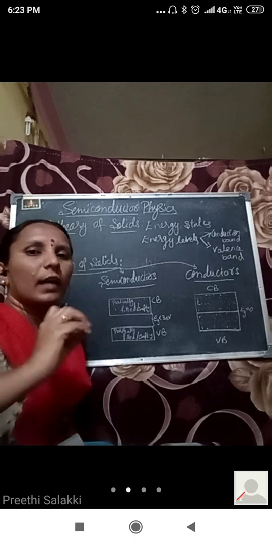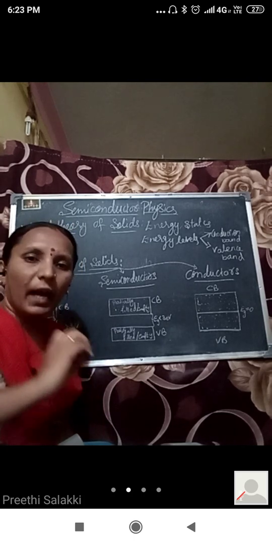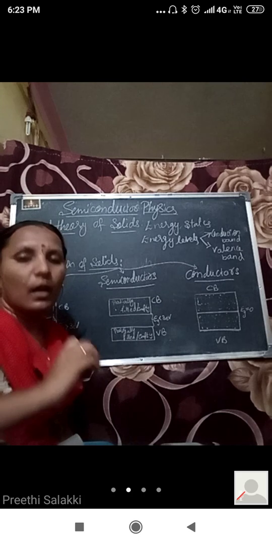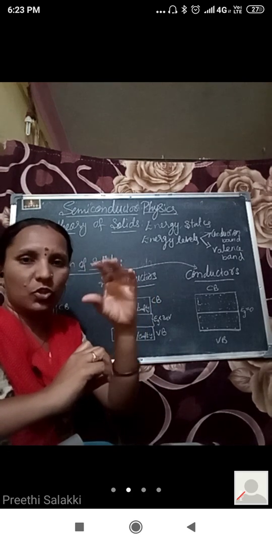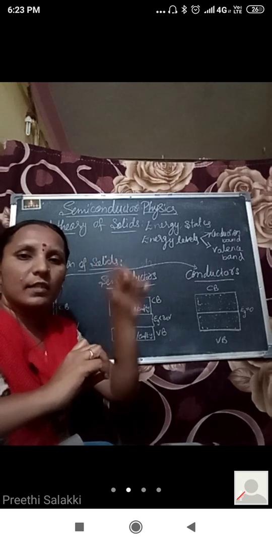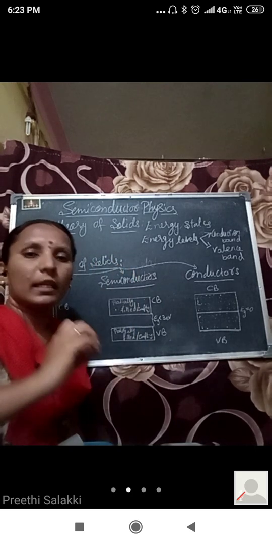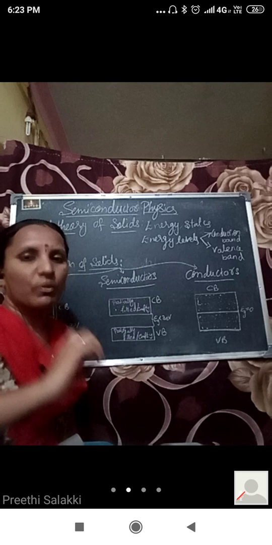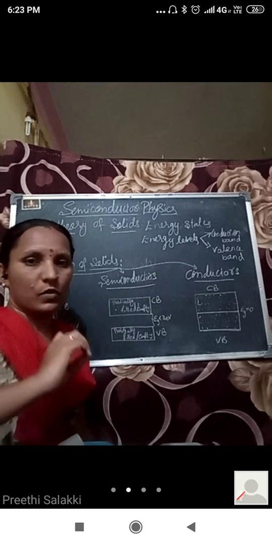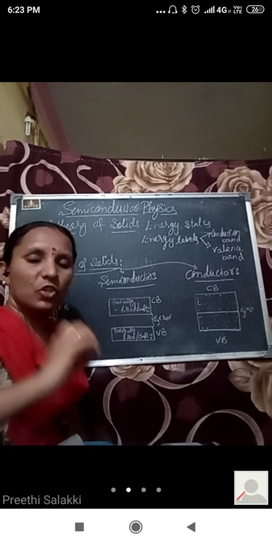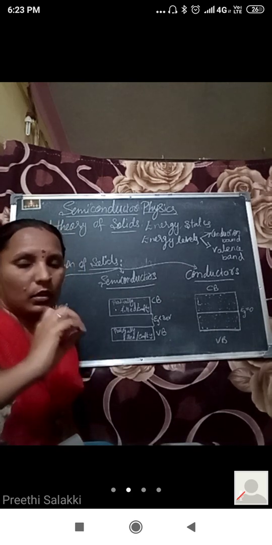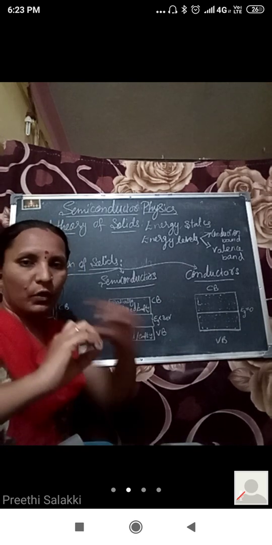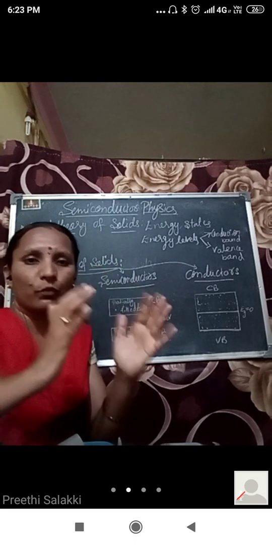What is the conduction band? The band which is in the upper region and which consists of conducting electrons. The energy band which has conducting electrons and is on the upper region of the complete structure of the atom.